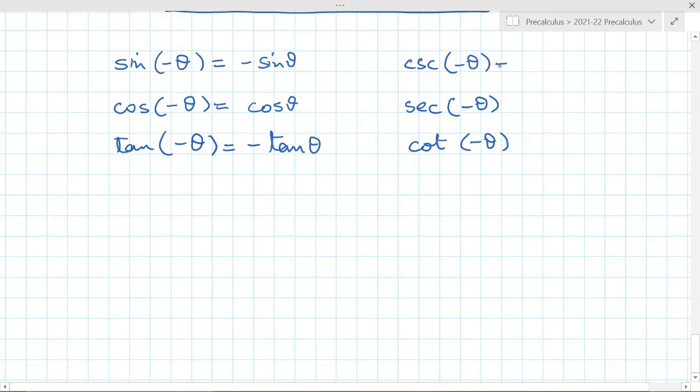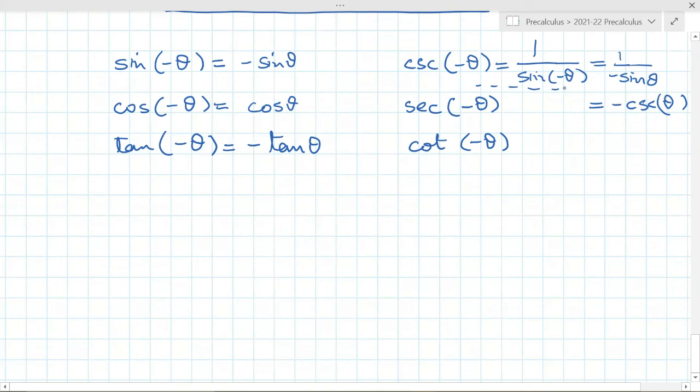And cosecant of negative theta means 1 over sine of negative theta, right? So this is equal to, and we know sine of negative theta is negative sine theta. That means this is 1 over negative sine theta. But 1 over sine is cosecant and there is a minus. So this is negative cosecant theta, right?